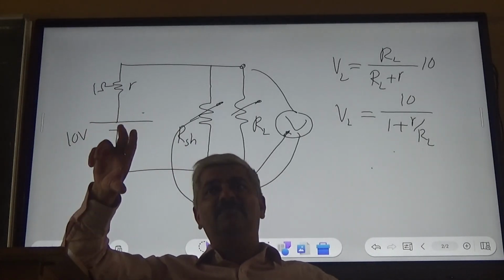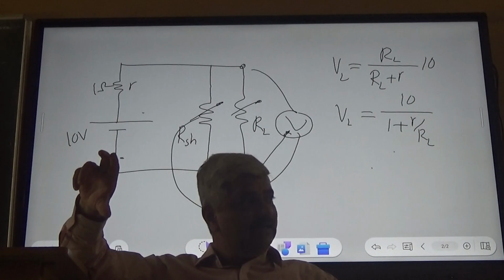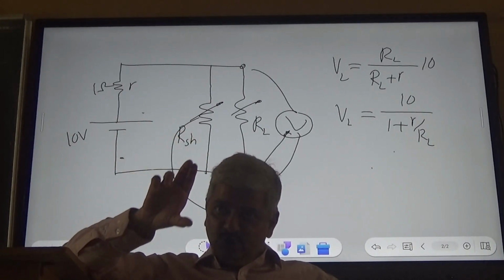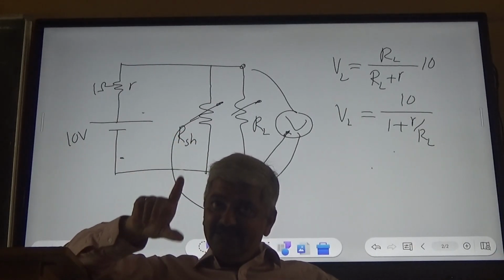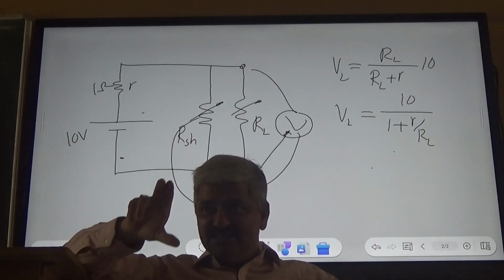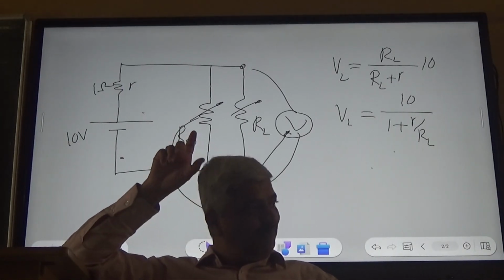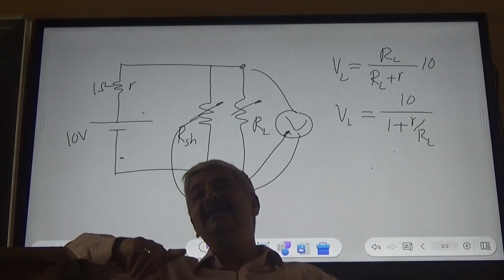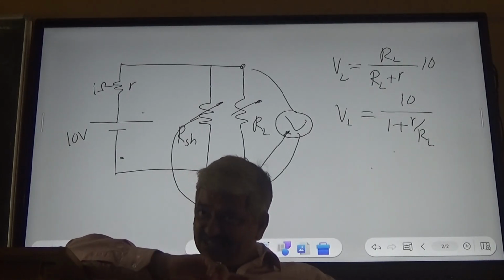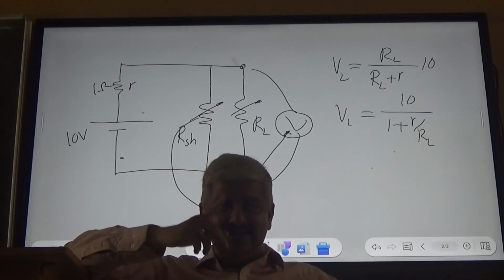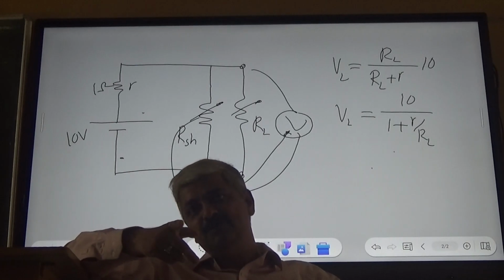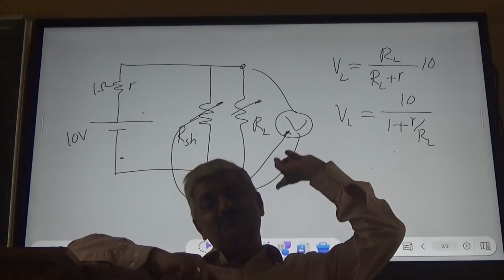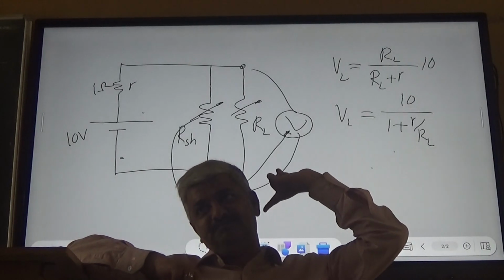One variable resistor is put across the load, but that variable is a magic resistor. It operates in such a way that it tries to adjust itself so as to ensure that the voltage should be 7 volts.